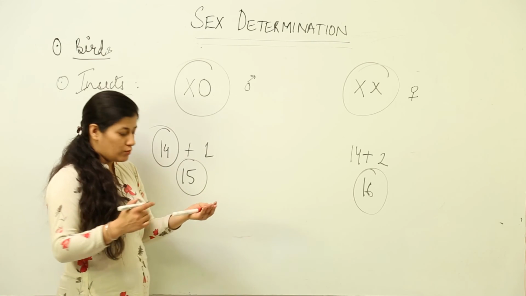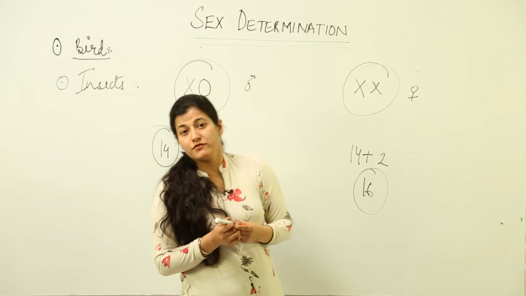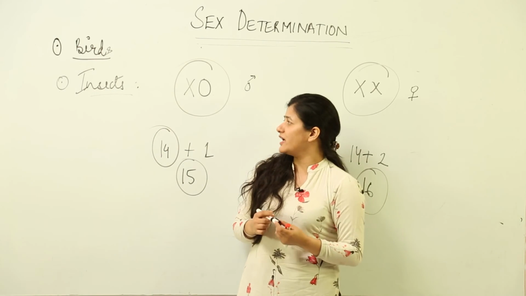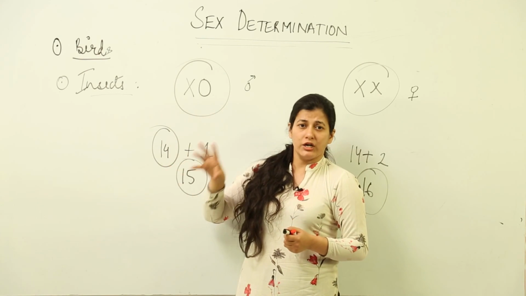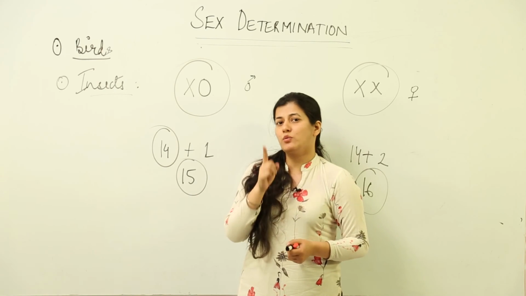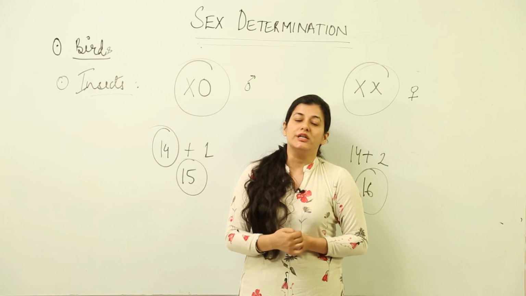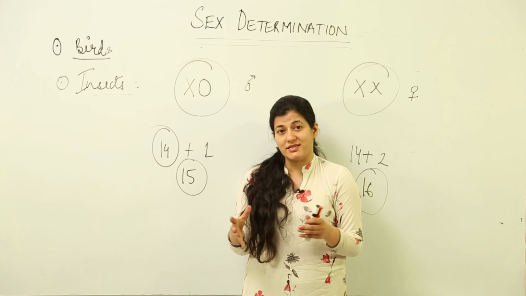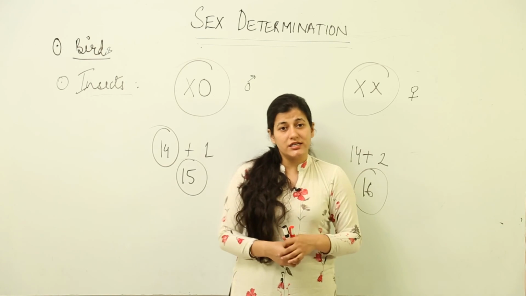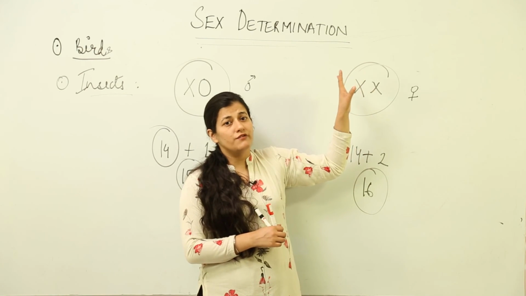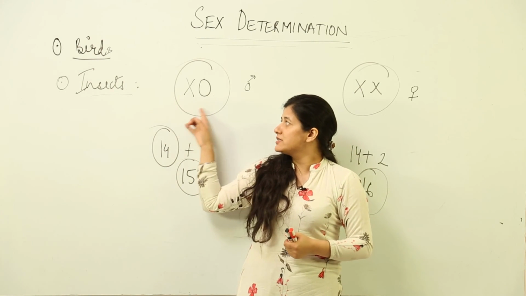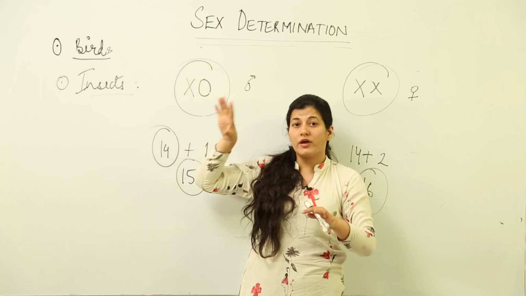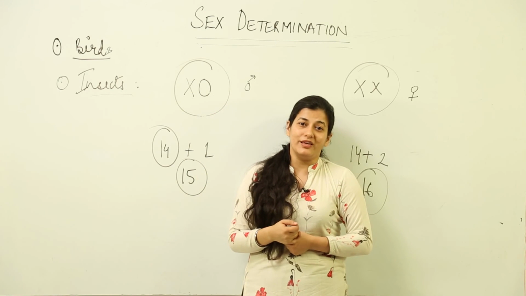So you have to remember what is there in the case of birds and what is there in the case of insects. The number of male chromosomes would always be 1 less than that found in the female. And who would determine the sex of the offspring? Certainly here also it is the female that is deciding, because in any case this individual is homogametic but the number of gametes formed is less.